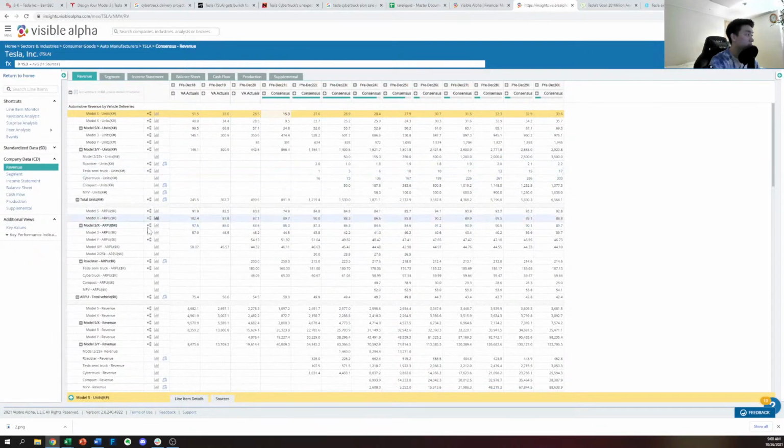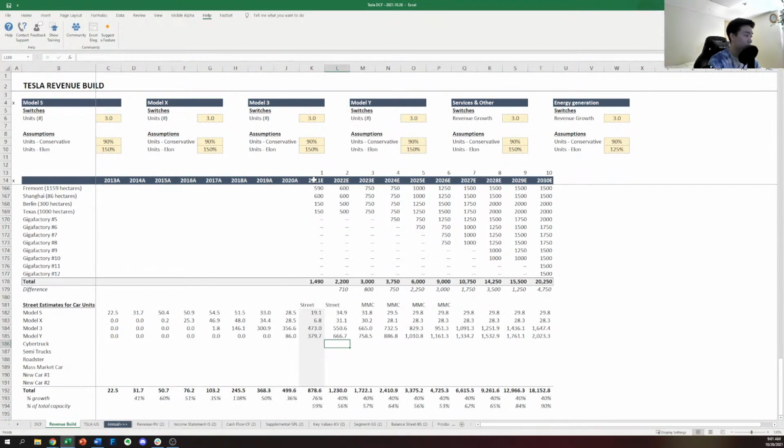Cybertruck number of units, in thousands. So 16,000 in 2022, 73,000 in 2023. Oh, this is the compact. I guess this is the mass market car, yeah, because it's exploding in numbers. So 16,000, I think that's pretty reliable in 2022.